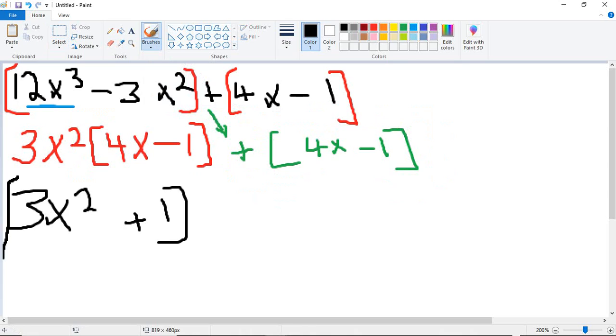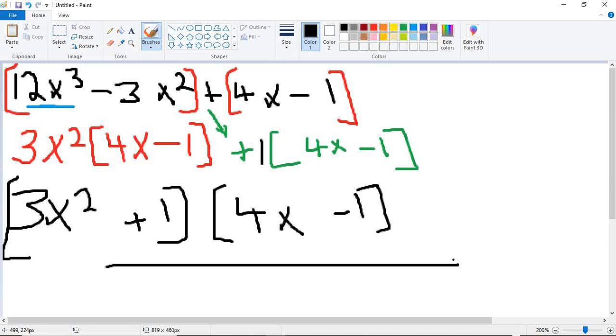You might be asking, where did I get this one? I simply got it here. And then you are going to say the other bracket, which is 4x minus 1. So this should be my answer.